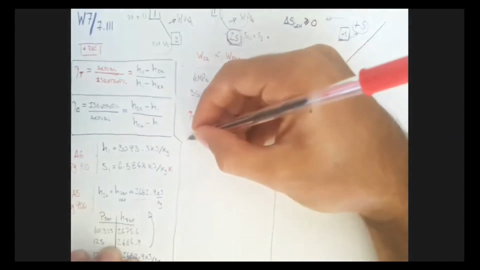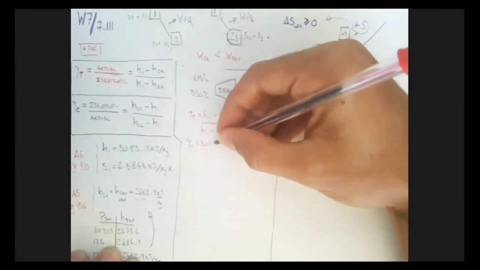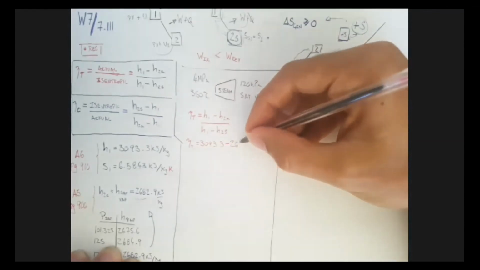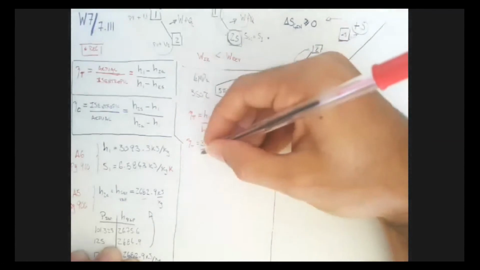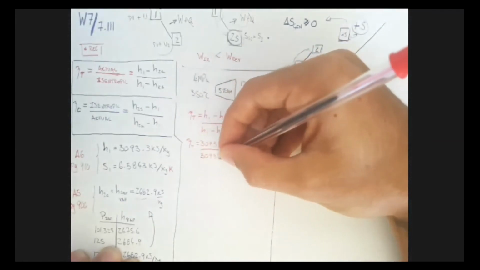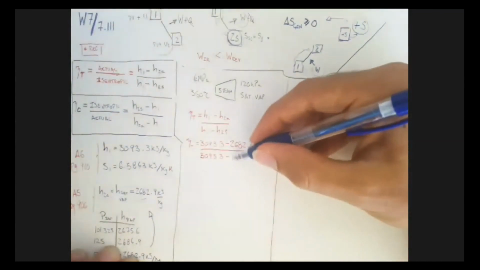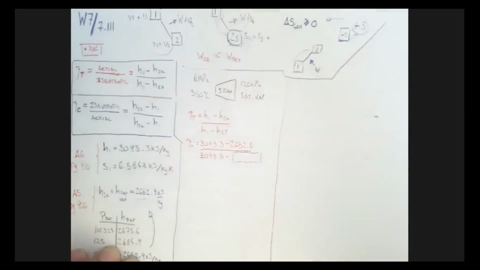Okay, and we already have most of the data, right? We have 3093.3. We have 2682.2. Then 3093.3. And then we're missing this one guy here, that we're after now, trying to find, so that we can plug that guy in and find our efficiency.